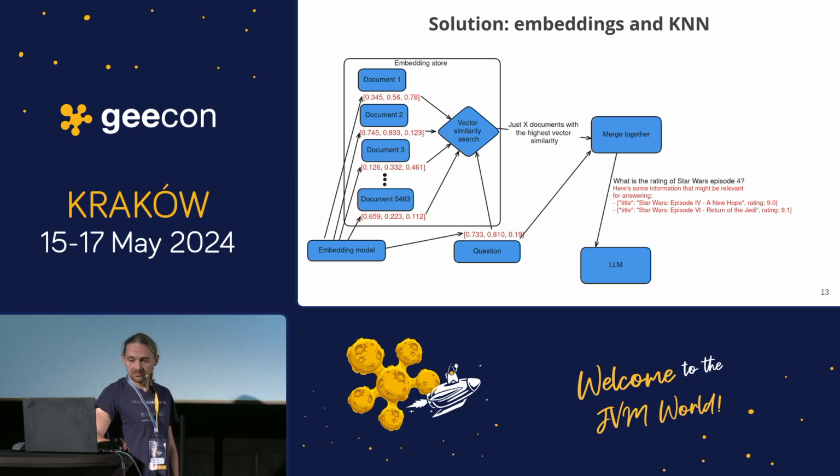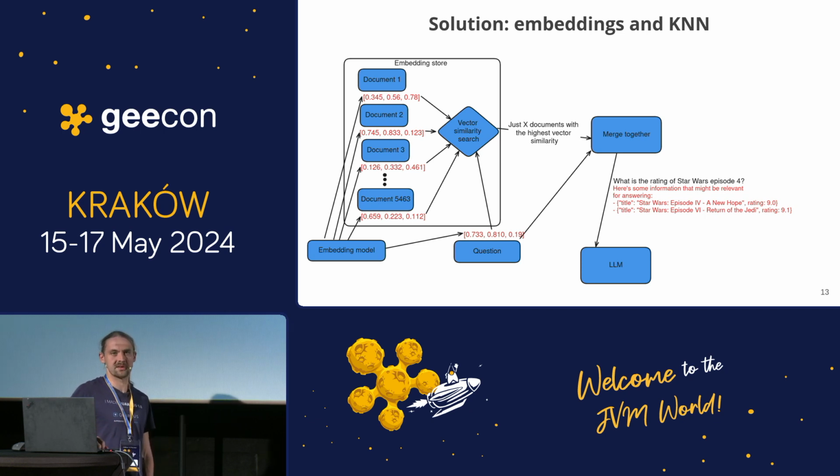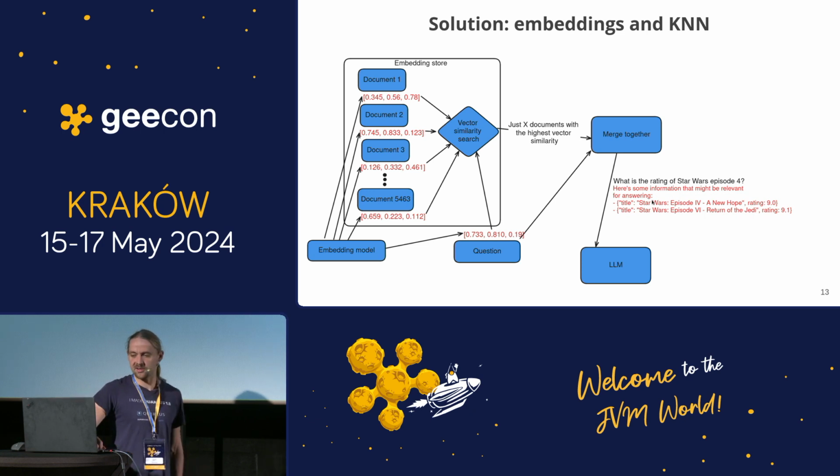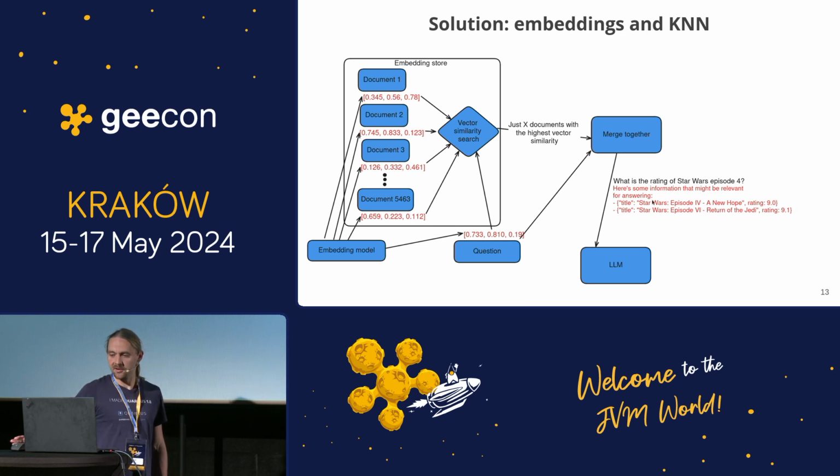You retrieve these documents and send these text segments together with the user's question with something like this: here's some information that might be relevant for answering. That's pretty much exactly what Langchain4j does by default. It looks exactly like this.